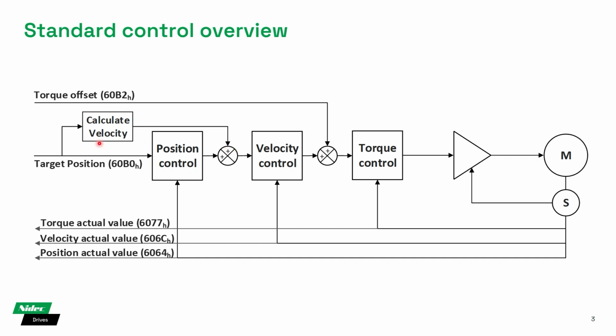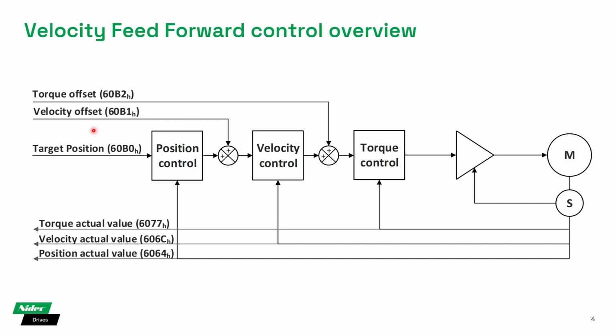Now that's fine, but when you make this calculation, you're making it based on whole position units instead of parts of position units. So that's where feeding forward the velocity reference, or velocity feed forward reference, gives an improvement.